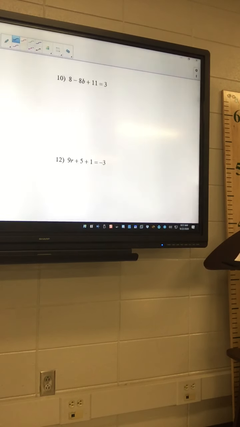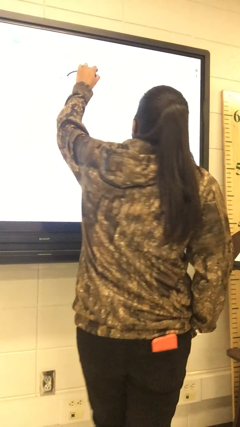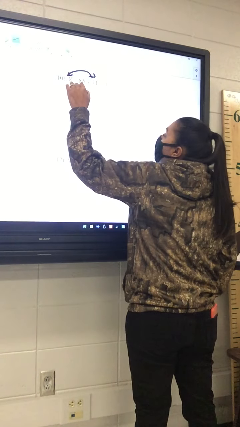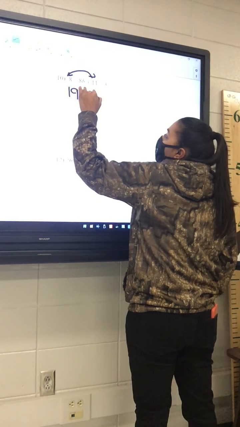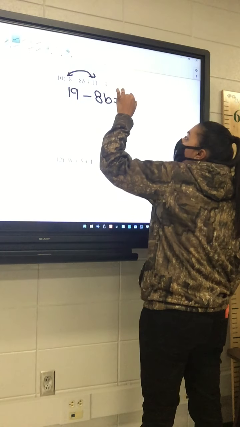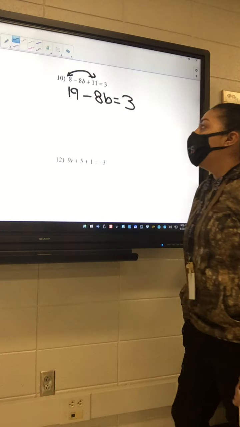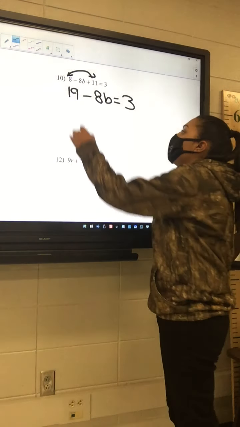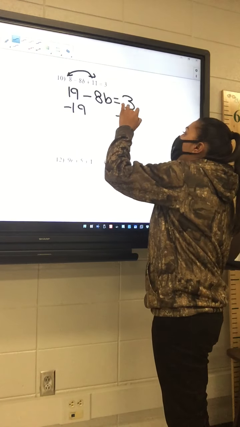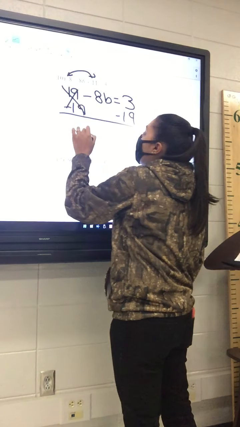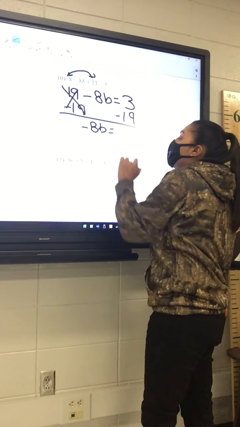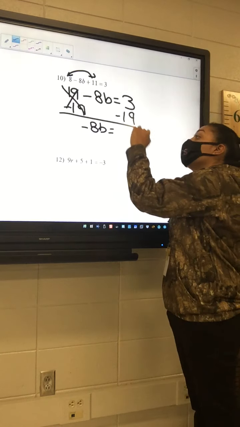Okay, look at 10. What can we combine? 8 and 11. They give me what? 19 minus 8b equals 3. Okay, now what? Minus 19 from both sides. So I got negative 8b equals what?